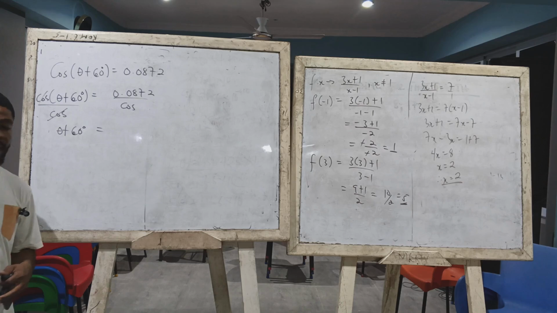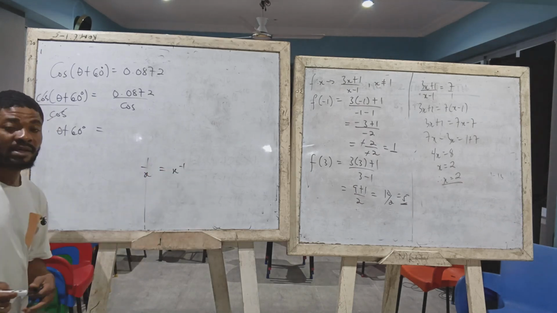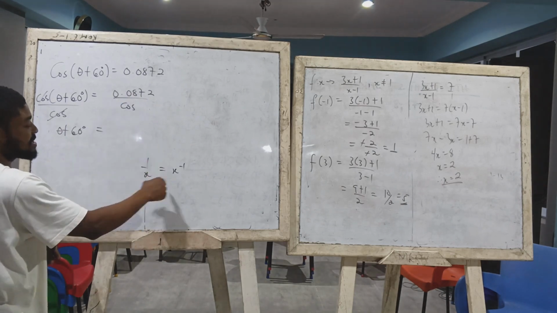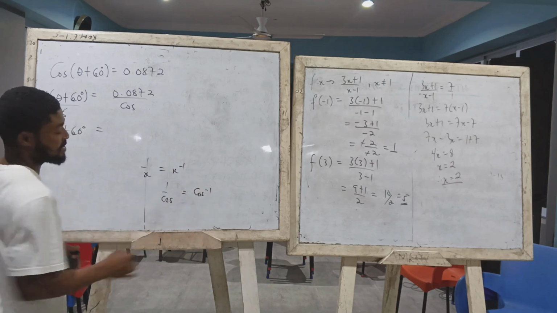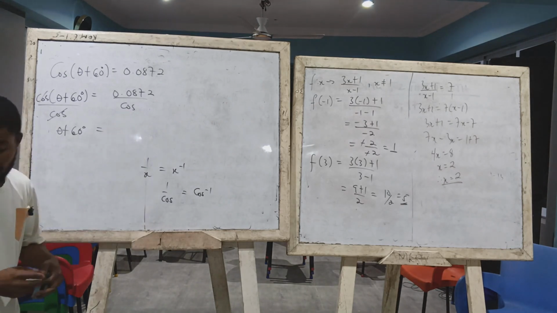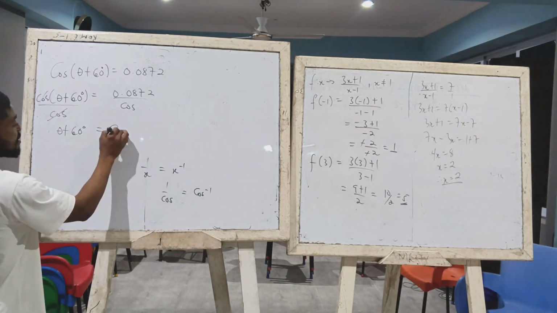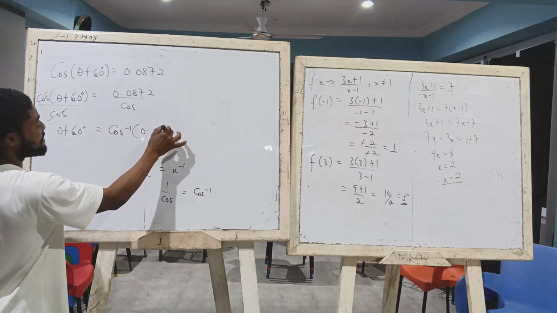Now from indices, we're told that 1 over x is the same as x exponent negative 1. And so 1 over cos is just like cos inverse, cos raised to the power negative 1. So that is what we are going to apply over here. And so in application, we get cos inverse of 0.0872.